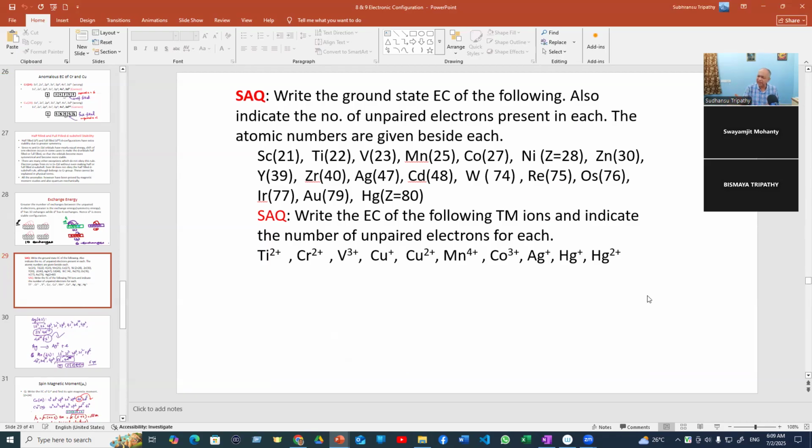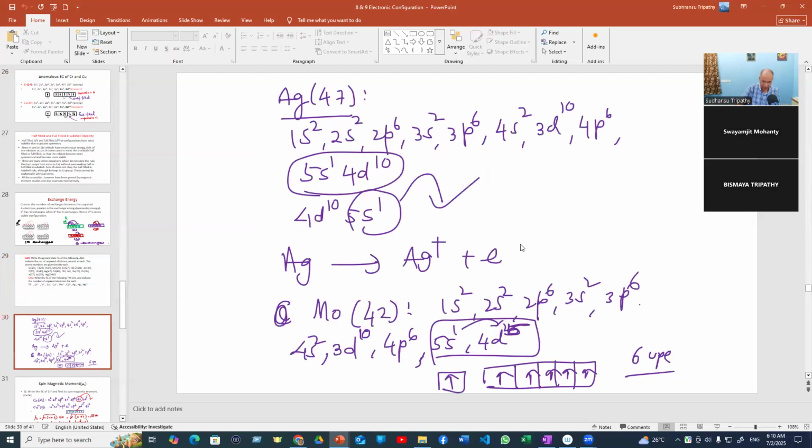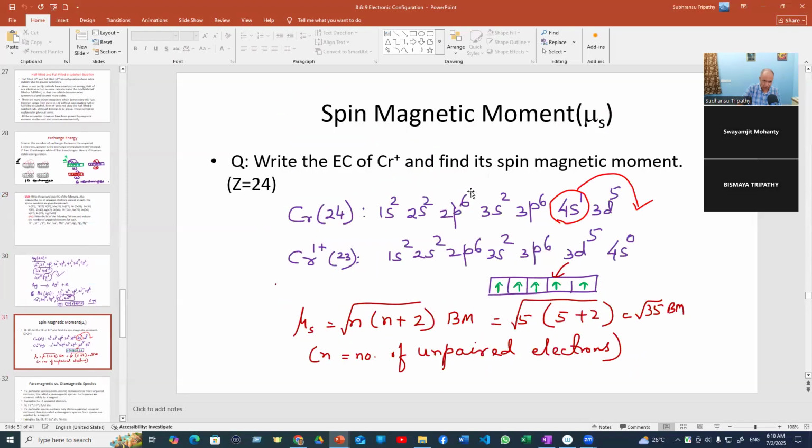If it is a positive ion, you subtract; if it is a negative ion, you add, and then write down. Though the ions from normal elements are very easy, for transition elements you have to see the electronic configuration of the neutral atom and then remove electrons one by one from the highest energy orbital, then the lower. First 5s, then 4d, 6s, then 5d. Okay, you write down, and don't look at the answers.